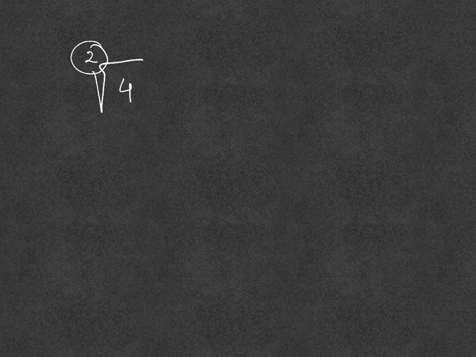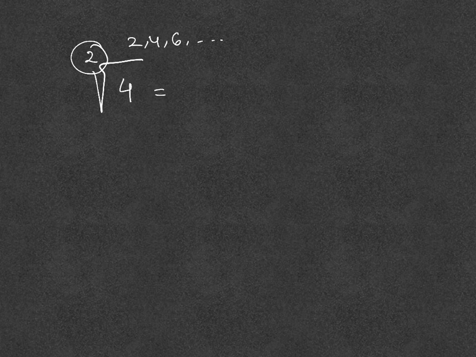So when we have a number and the exponent is an even number, it can be 2, 4, 6, like this, we will have two results, the positive and the negative one, okay?